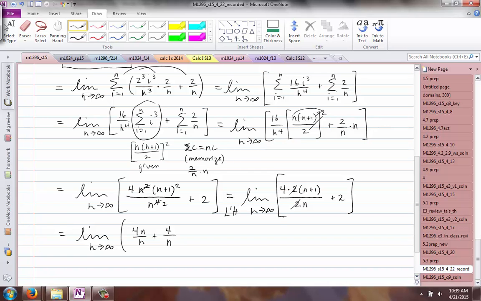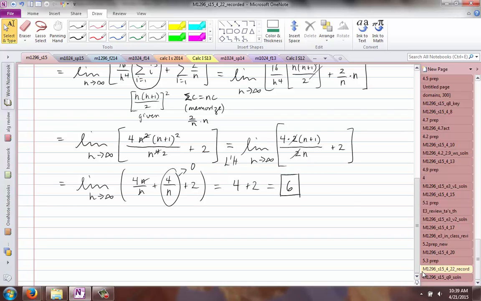So just using the n in the denominator now as a common denominator, n's cancel. So what I have for 2 over n goes to 0 as n goes to infinity, so all that I have now is 4 plus 2 when I take that limit. So the result is 6. So that's the answer, and we can move on.